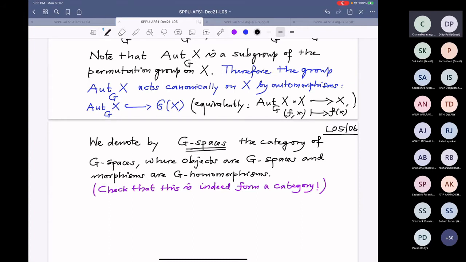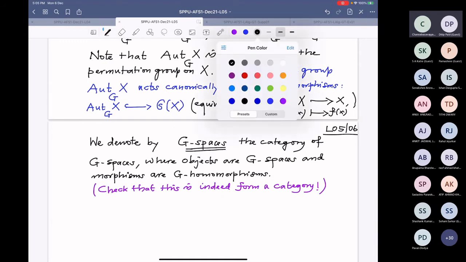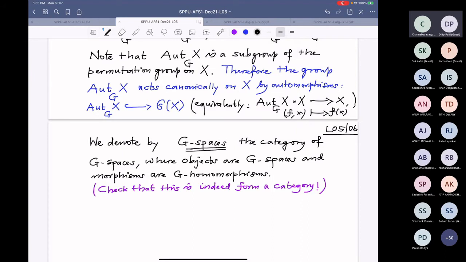The theta map is the inclusion map. I said acts canonically because it's just the inclusion map, and by automorphisms, because the image of that action goes inside Aut(X).